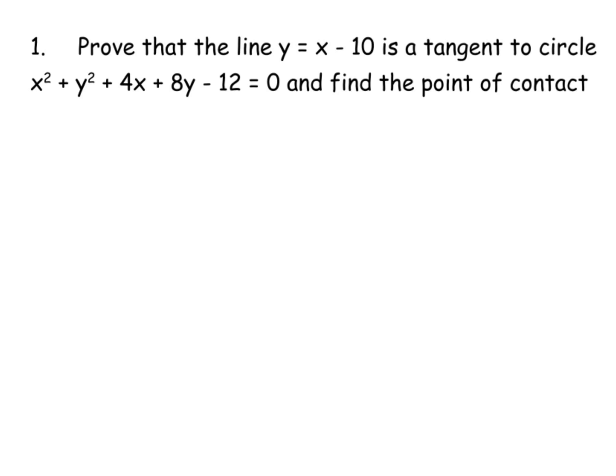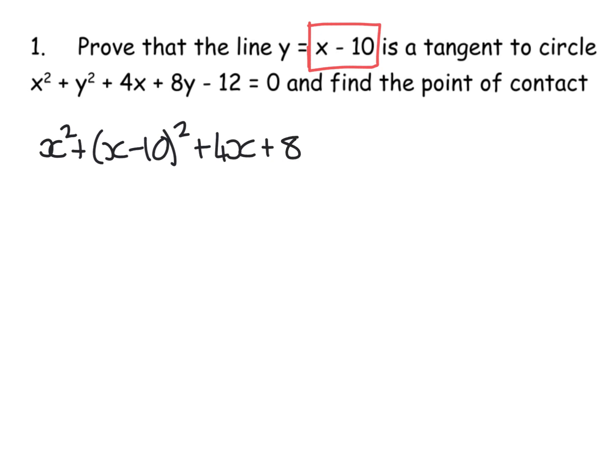Wherever I see y, I'm going to replace it with this in a bracket. So let's get started. This is the one that fills your whole page to start off with. So x squared plus x minus 10 all squared plus 4x plus 8 bracket x minus 10, and then I have a minus 12 equals 0.